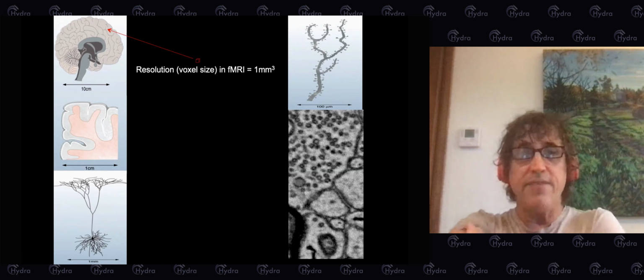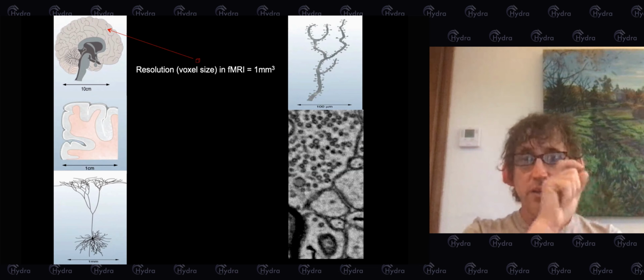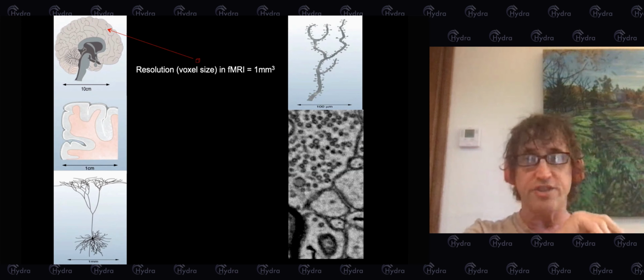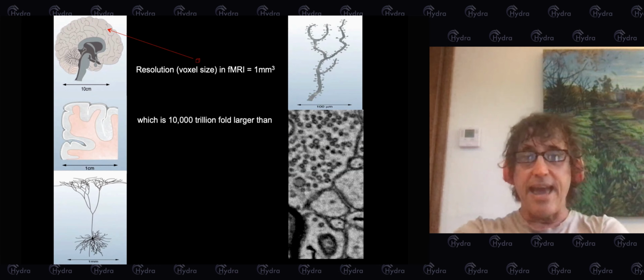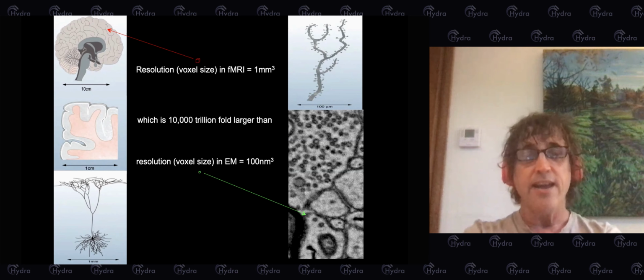And if I think of one voxel, one cubic voxel in an fMRI, these beautiful images that you see of brains lighting up, one pixel is a cubic millimeter. And this pixel is 10,000 trillion times bigger than a pixel in the image that I showed you.